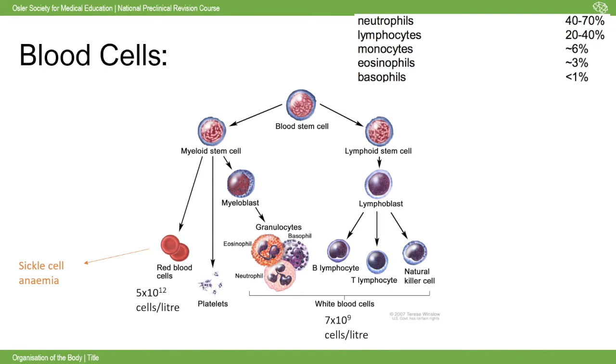They also are deformable, so that means that they're able to travel through very small capillaries because they can deform easily, which wouldn't be possible if they weren't that shape and able to deform. And then we also have a bit of clinical relevance there with sickle cell anemia, which is where you have a mutation in your beta globin gene.